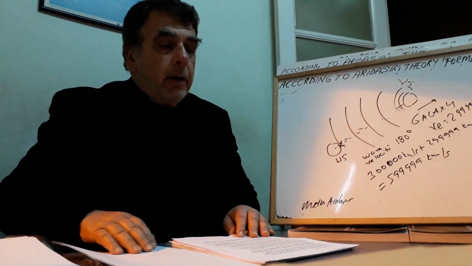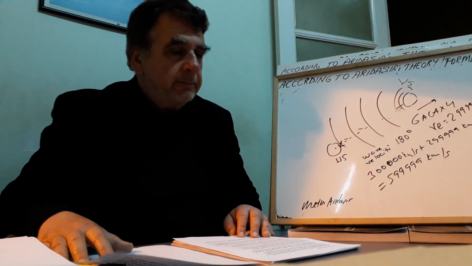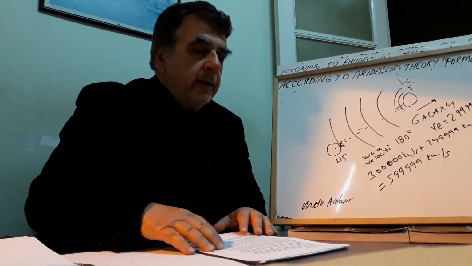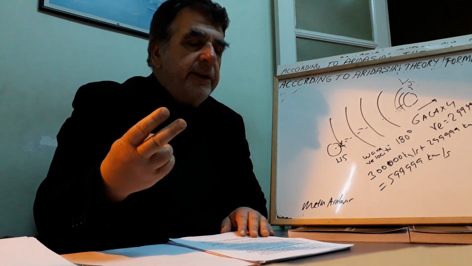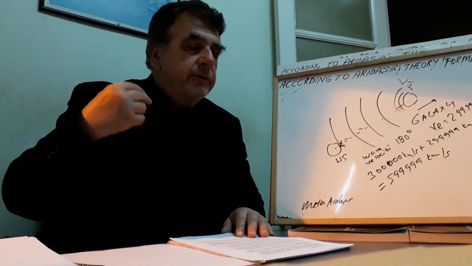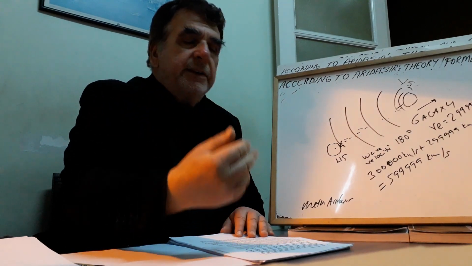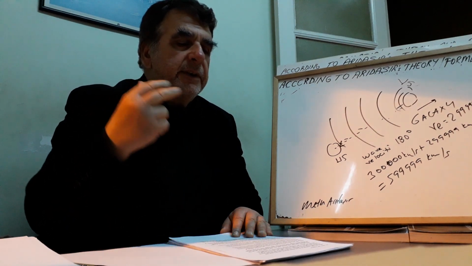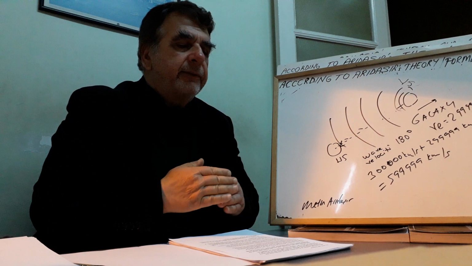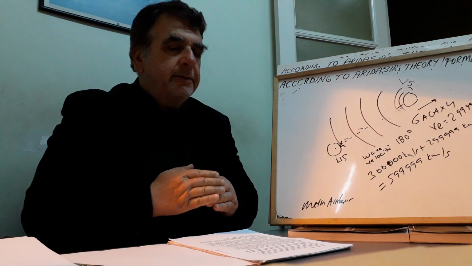So, what will happen? When the light reached us at 2 times greater velocity than the receding, moving away galaxy's velocity, the galaxy will recede, move away only half the way light travels.